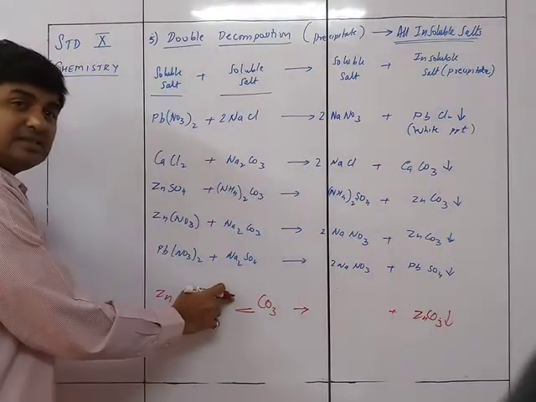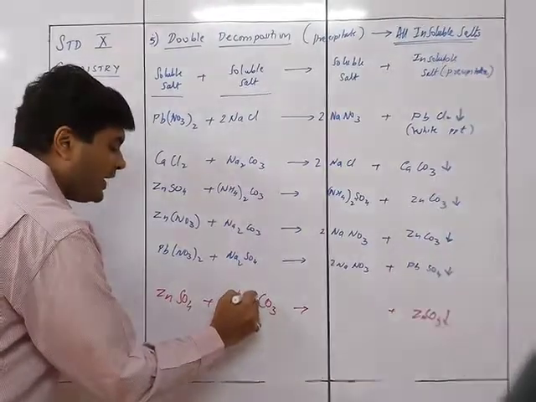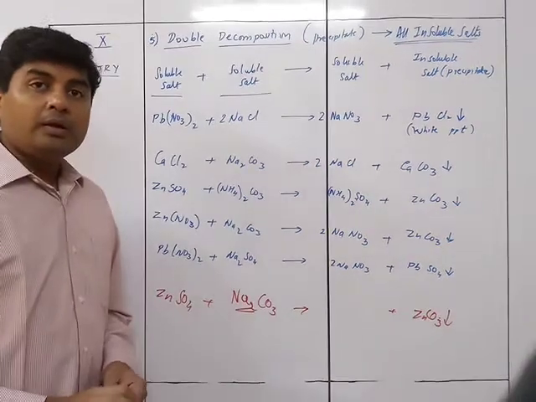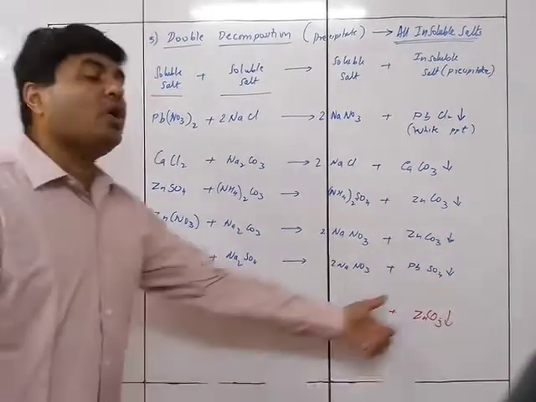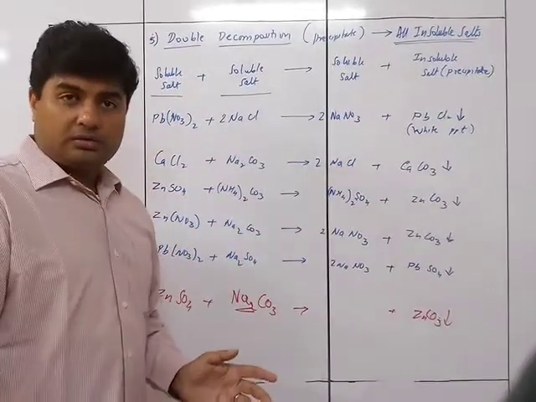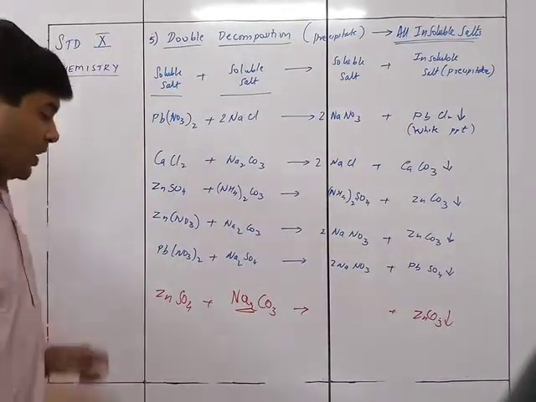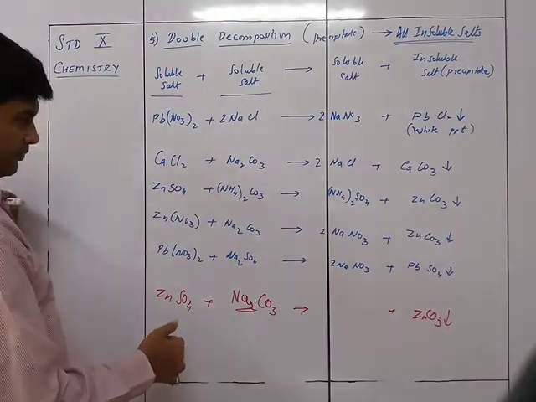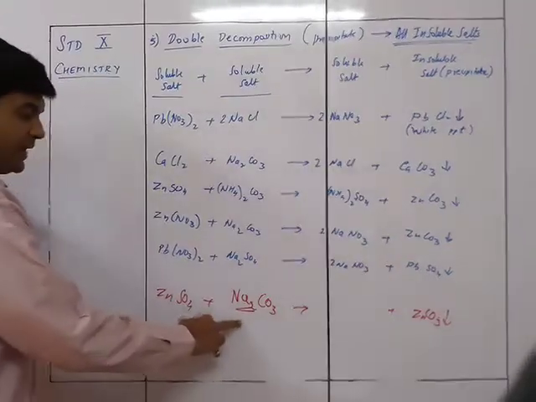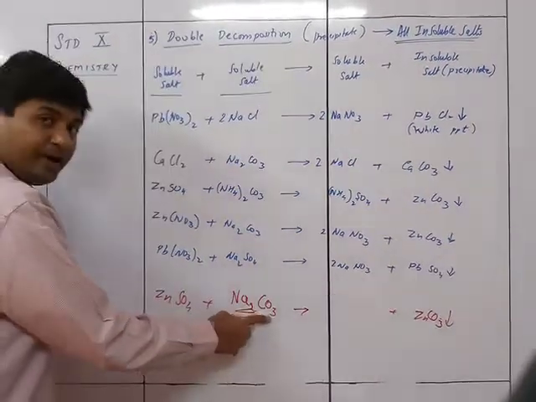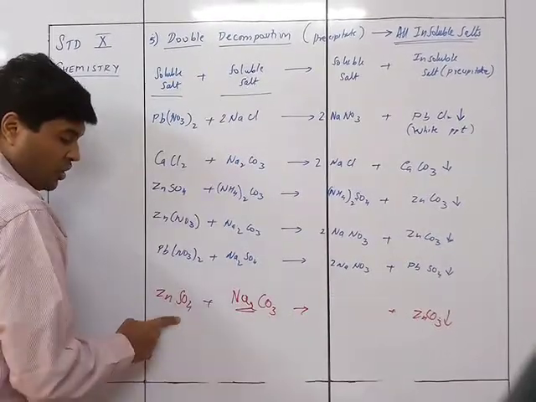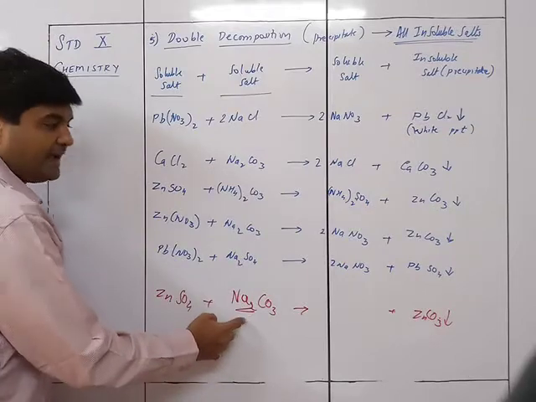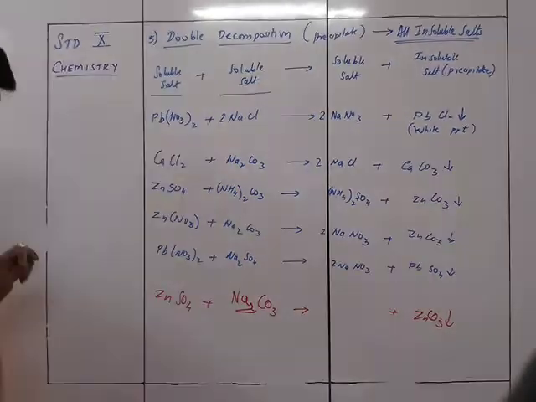Now suppose I take over here Na2CO3, what would happen? You will note that the reaction will not take place at all. Why would that not take place? Because see over here, carbonates are strong and cannot be displaced. See, Na2CO3.